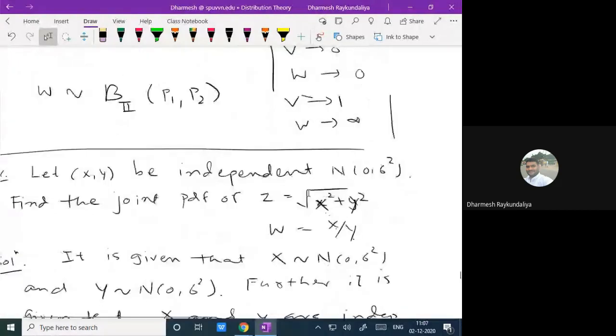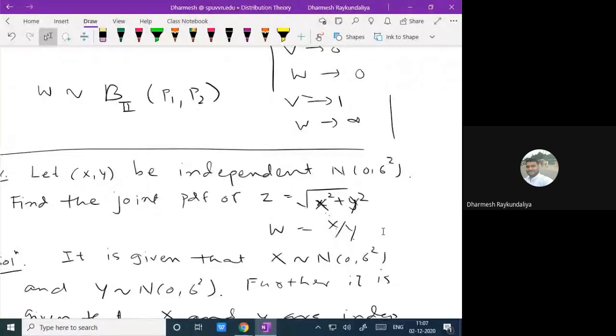So we have been asked to find out the distribution of Z and W. So what is the distribution of Z? Distribution of Z is nothing but Rayleigh distribution. And what is the distribution of W? It is a Cauchy. So whenever you are giving the NET and set examination or any ISS examination, sometimes directly results are asked, that if X has normal 0 sigma square, Y has normal 0 sigma square, then what is the distribution of Z equal to root x square plus y square?